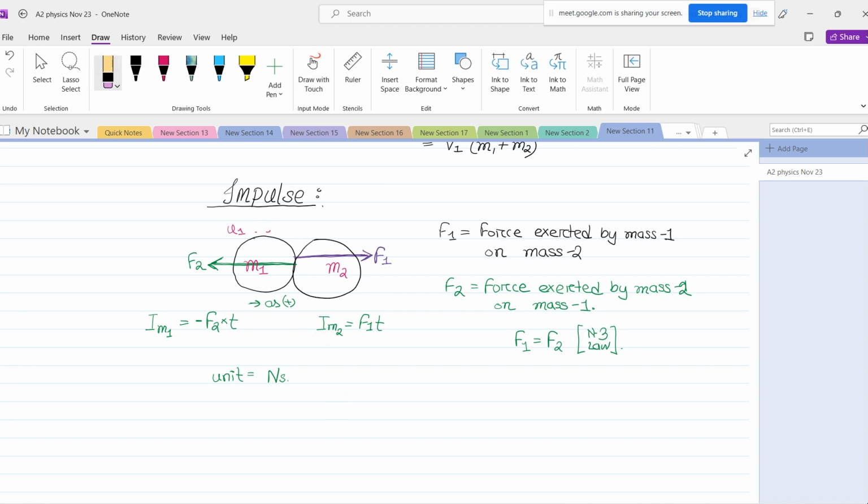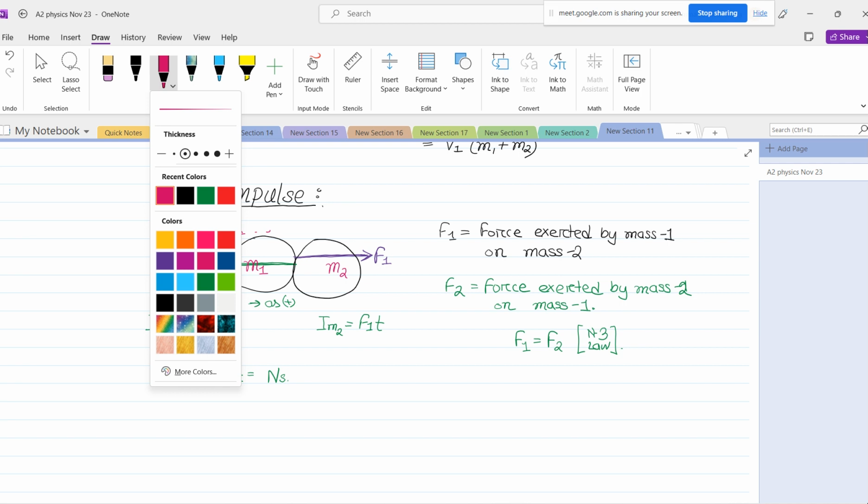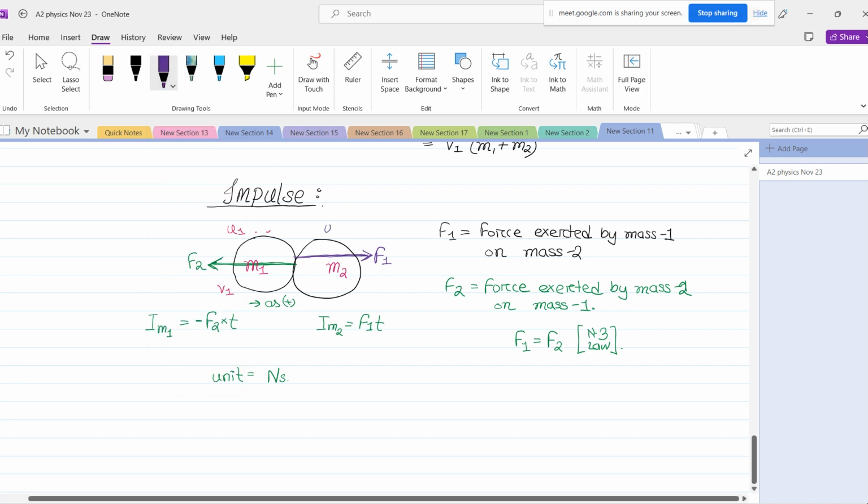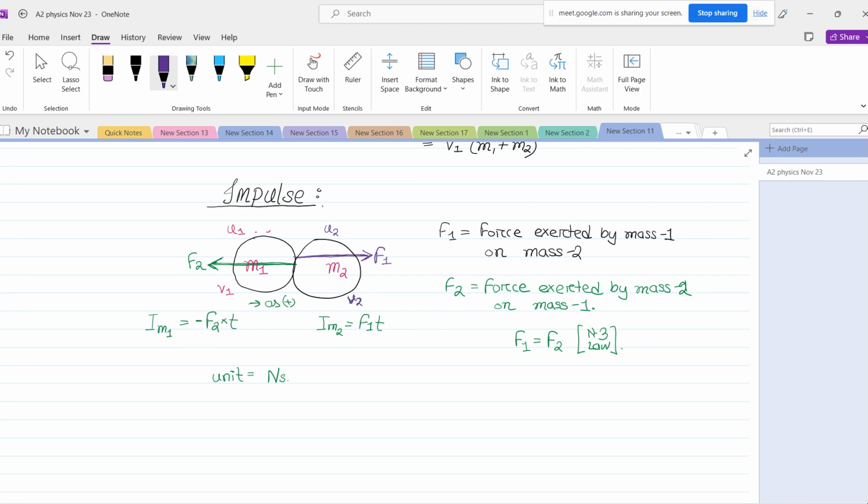The initial velocity for mass 1 was u1, and the final velocity was v1, and the velocities for mass 2 will be labeled u2 and v2. Let us assume that before collision, mass 2 was moving in this direction, mass 1 was moving in this direction, and after collision they start moving in the direction of the force. F1 was towards right, so the velocity for mass 2 was right, and the force on mass 1 was to the left, so the velocity will also be in the left.